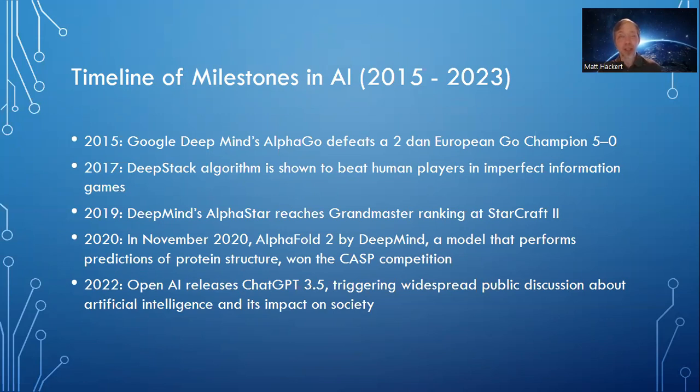In 2017, DeepStack is the first published algorithm to beat human players in imperfect information games, as shown with statistical significance on heads-up no-limit poker.